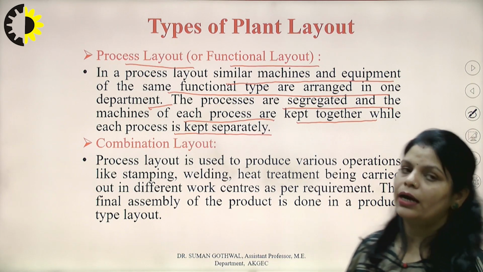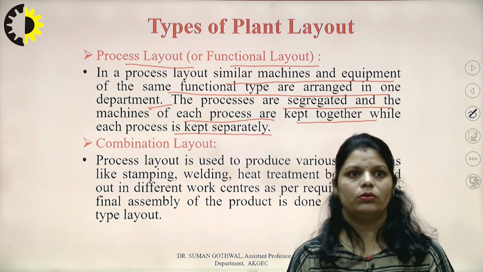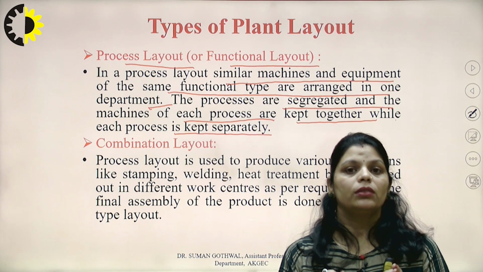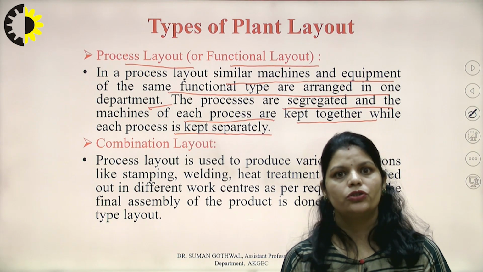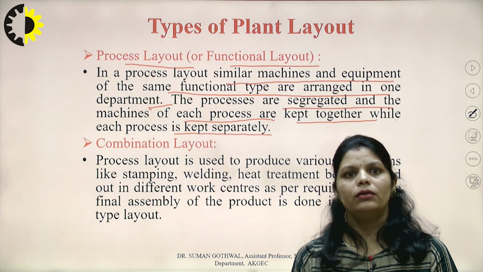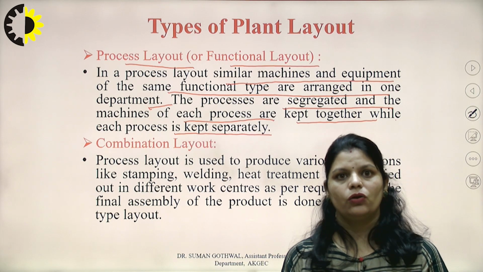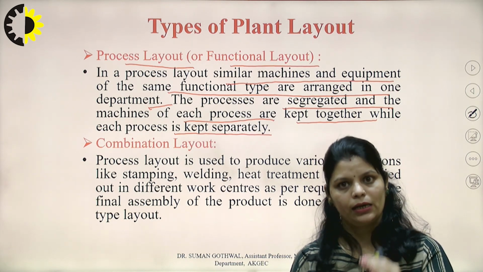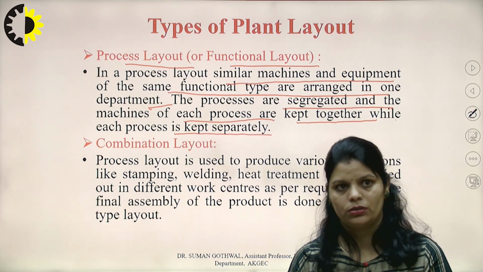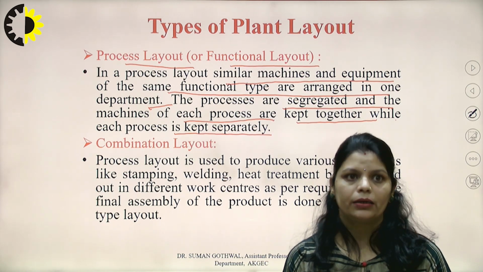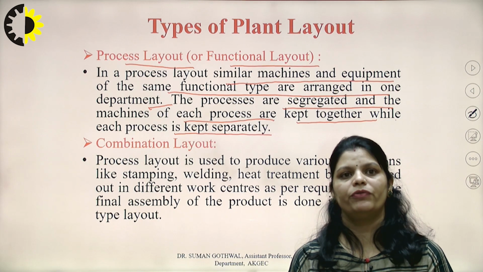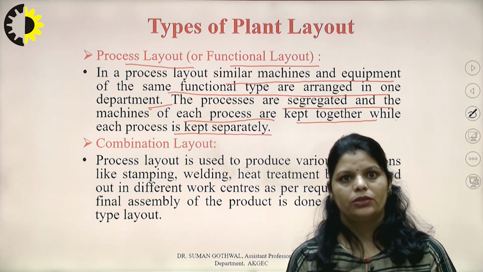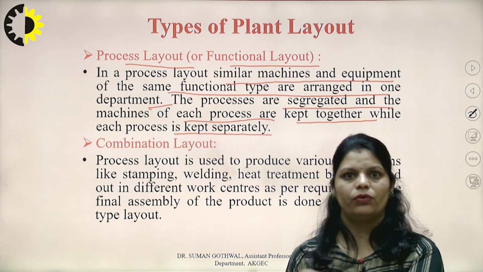So what are the advantages of this process layout? There is less duplication of machines, and the total investment in equipment purchase is reduced. It offers better and more efficient supervision through specialization at various levels.